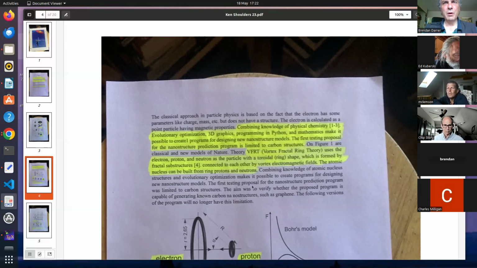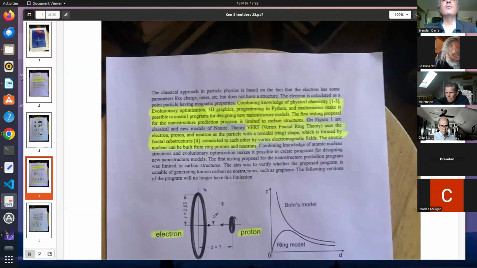The first testing proposal for the nanostructure prediction program was limited to carbon structures. The aim was to verify whether the proposed program is capable of generating known carbon nanostructures, such as graphene.